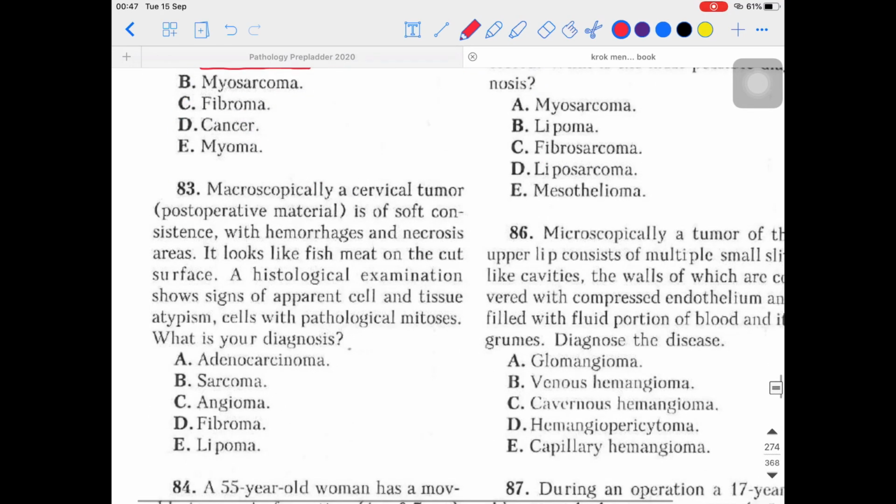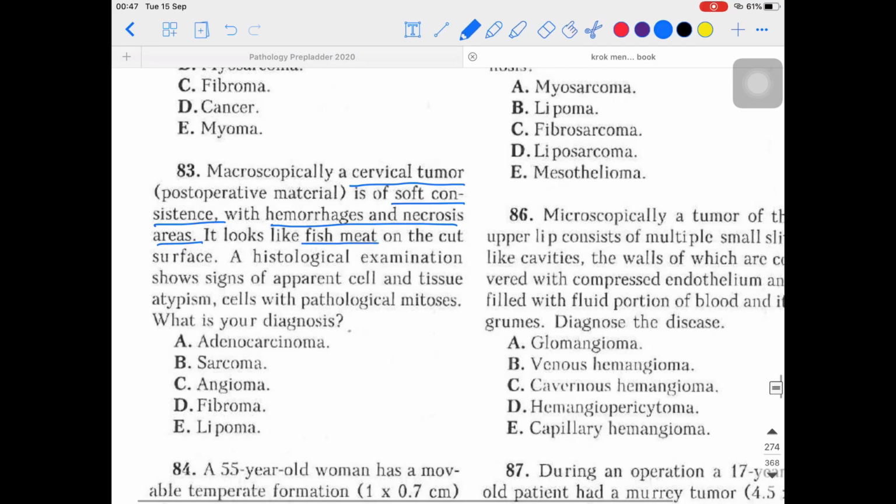Question number 83. Macroscopically, a cervical tumor post-operative material is of soft consistence with hemorrhages and necrosis areas. It looks like fish meat on the cut surface. Again guys, they are talking about the fish meat on the cut surface, which means they might be talking about the sarcoma over here. Histological examination shows signs of apparent cell and tissue atypism, cells with pathological mitosis.